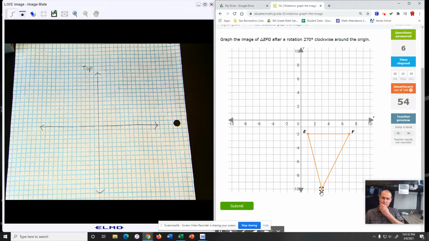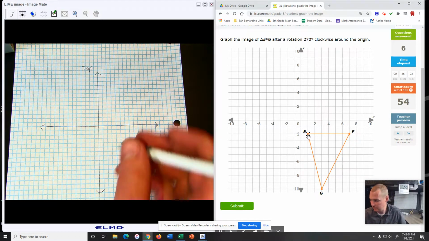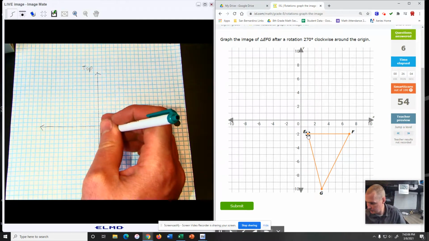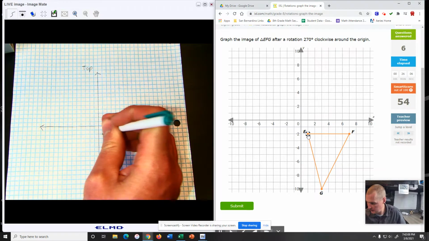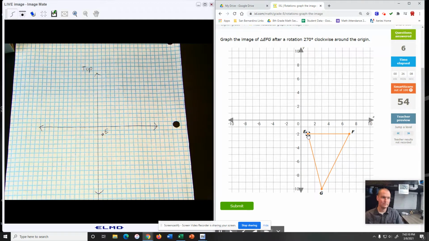All right. Let's see. We're going to go ahead and graph EFG, starting with E on my IXL. Where we at? It is over right 1 and down 2, 1, 2. Cool. Graph paper. Right 1, down 2. And that is E right there.